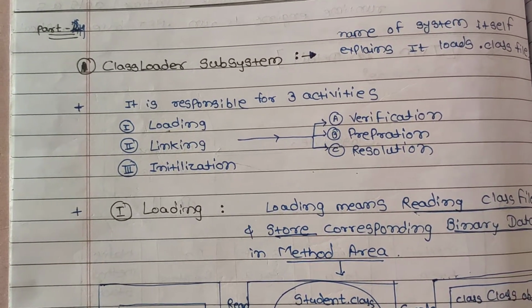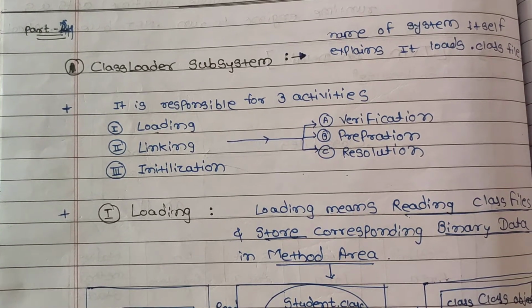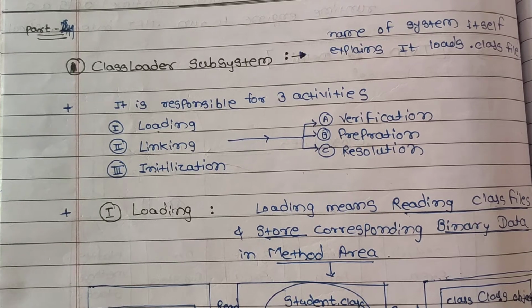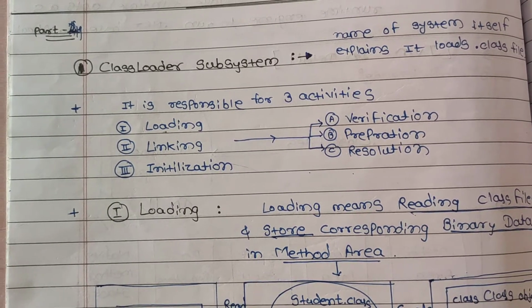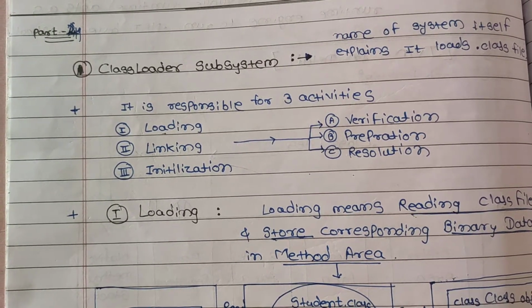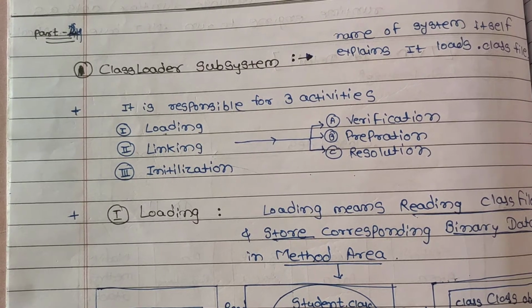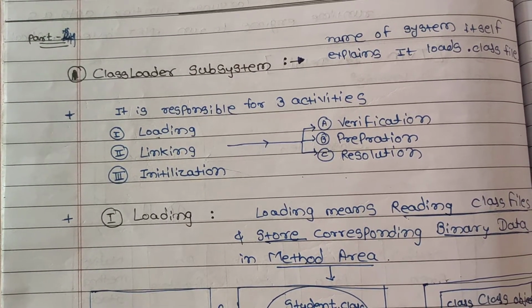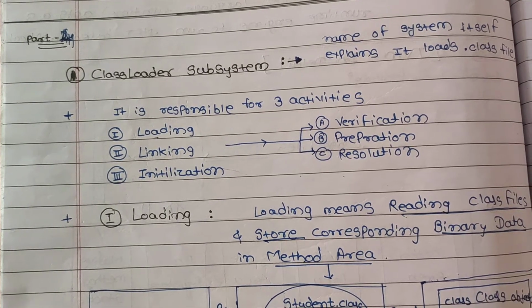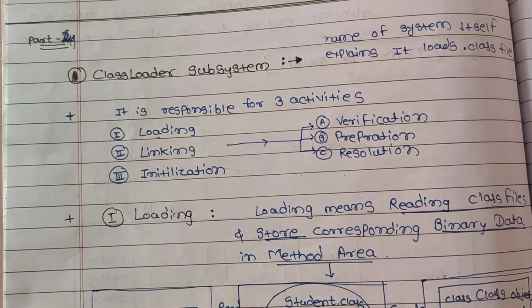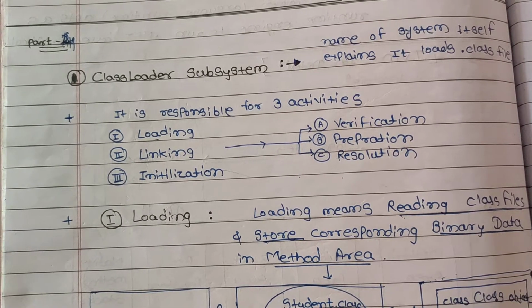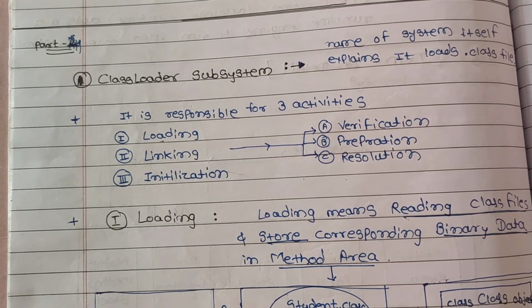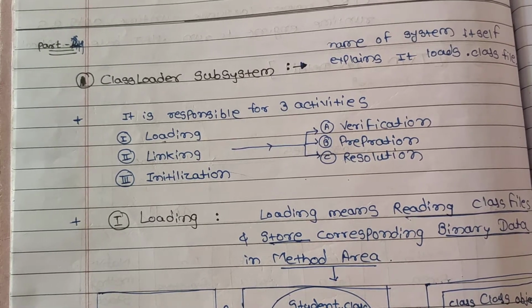Our topic is class loader subsystem. If you didn't visit my previous videos, you'll get confused about what this class loader subsystem is. So I'll just recap the topics we learned in the previous session: what is JVM and what are the parts of the JVM.